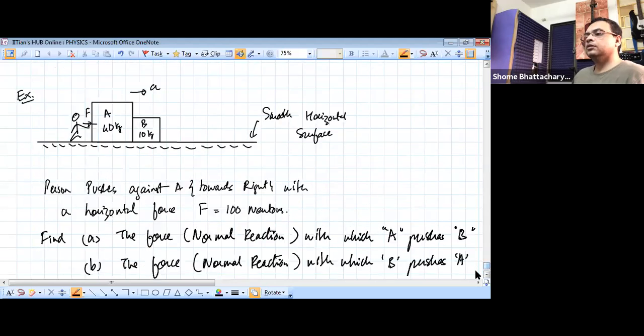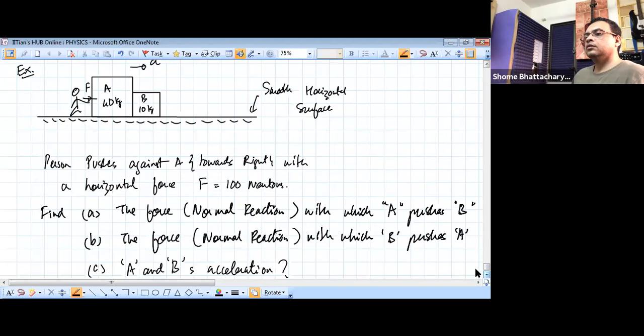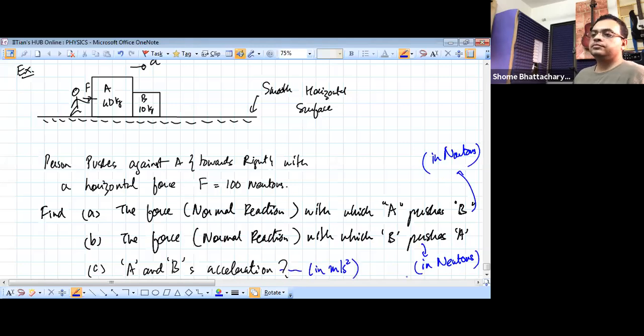So this is what we have to calculate in this question. These two you have to give in newtons, and this one you have to give in meters per second squared.